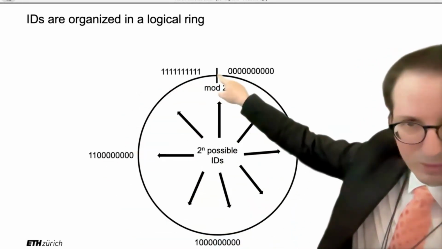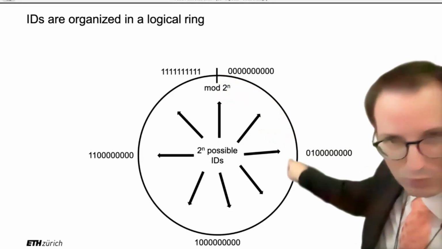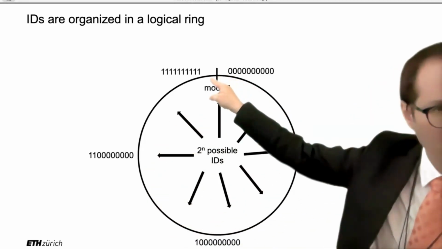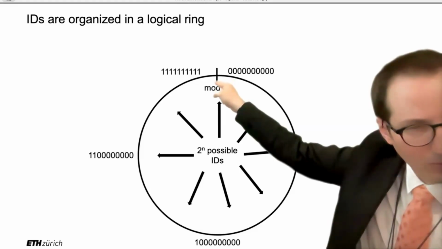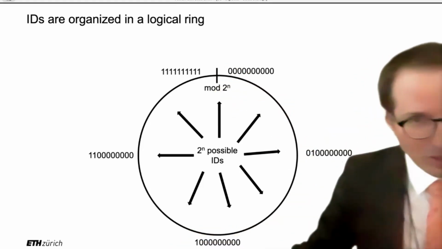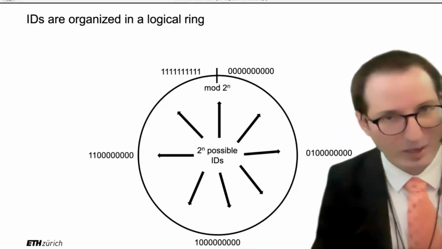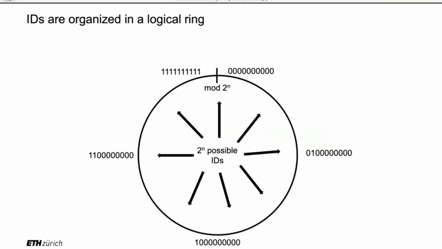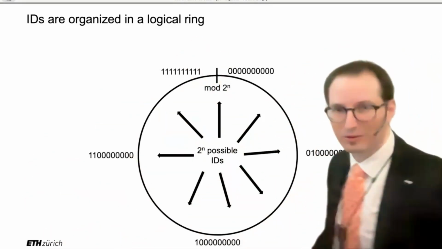Where you start at 0, 0, 0, 0, and then you count in base 2 all the way to 2 to the power of 128 minus 1, and then you're back to 0, right? So essentially, when you hash your keys, what you're actually doing is randomly placing the keys on this big circle. So the keys that you're going to store, when hashed, are on that circle.